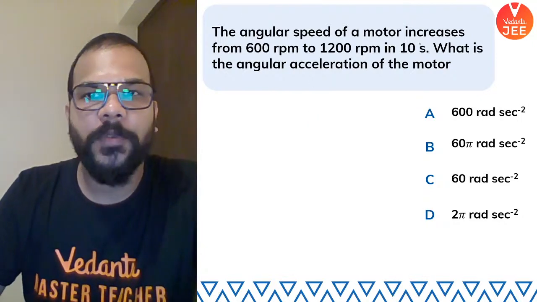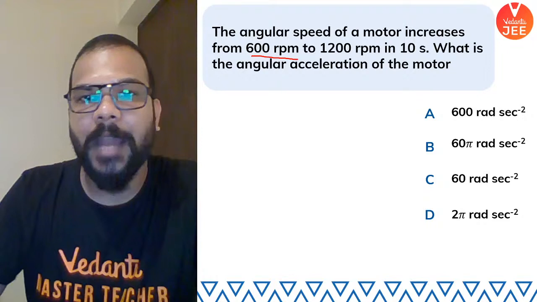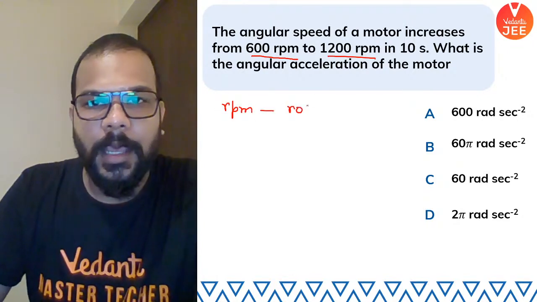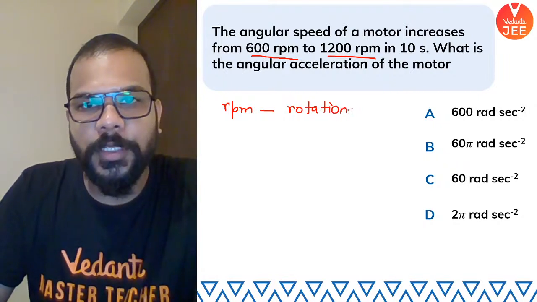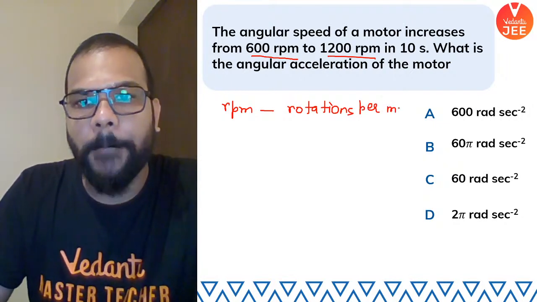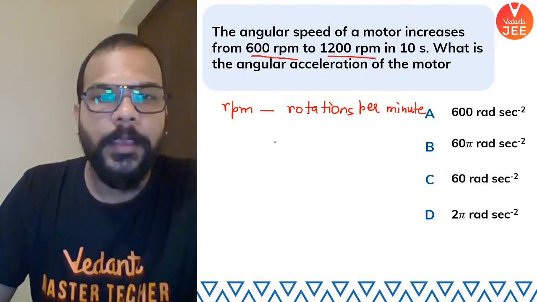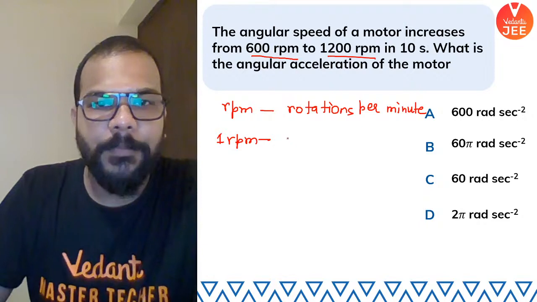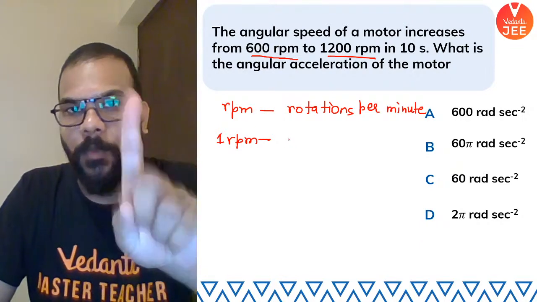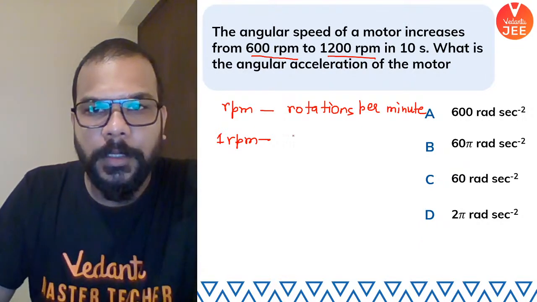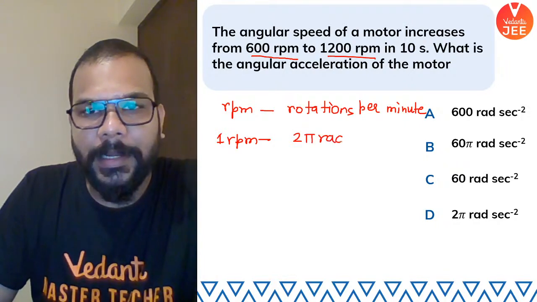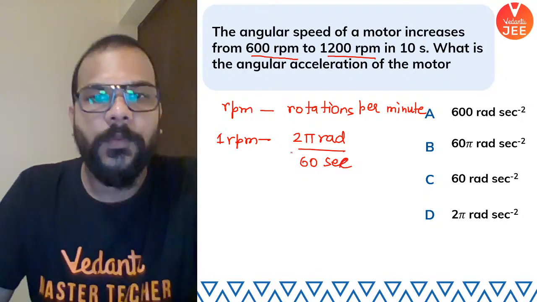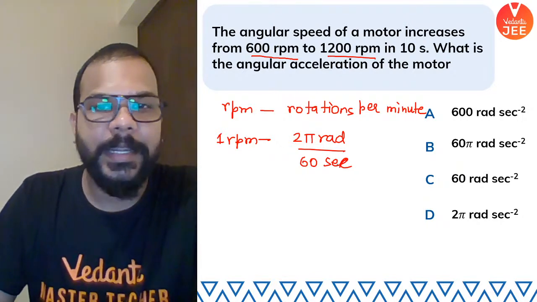The angular speed of a motor increases from 600 RPM to 1200 RPM. Now, what exactly is RPM? RPM is rotations or revolutions per minute. So if you have 1 RPM, that simply means 1 rotation in 1 minute, which means 2 pi radians being covered in 60 seconds. So 1 RPM is 2 pi by 60 radians per second.